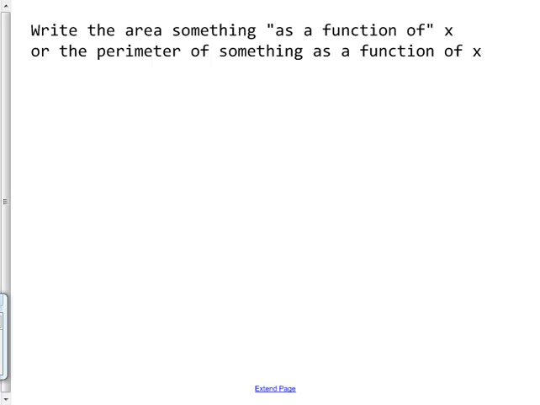Write the area of something as a function of x, or the perimeter of something as a function of x. So for instance, let's say I tell you it's a rectangle. I'm going to keep my llamas in there.